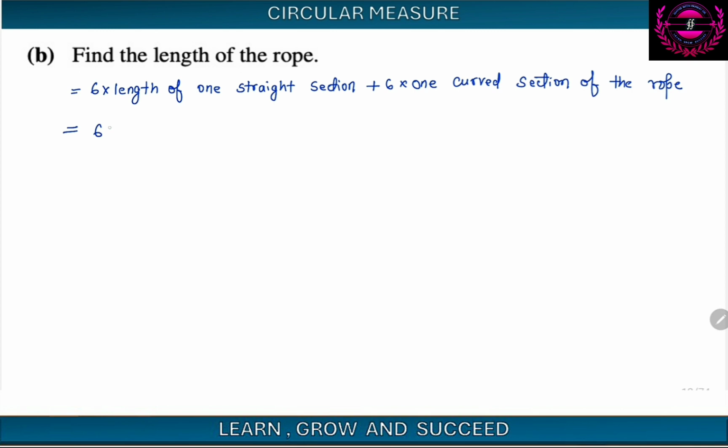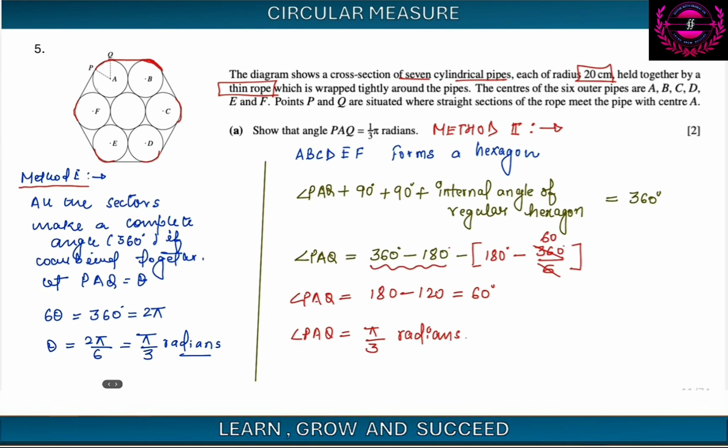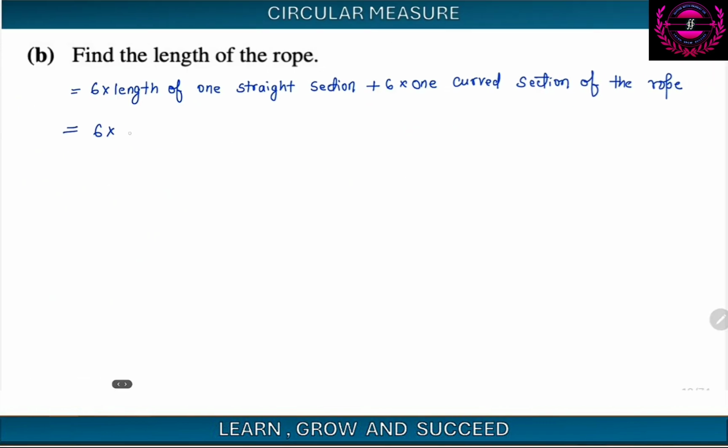So which is 6 into the length of the straight section. If we have to find the length of the straight section, this is nothing but the sum of the radius of 2 pipes, which is 2r.